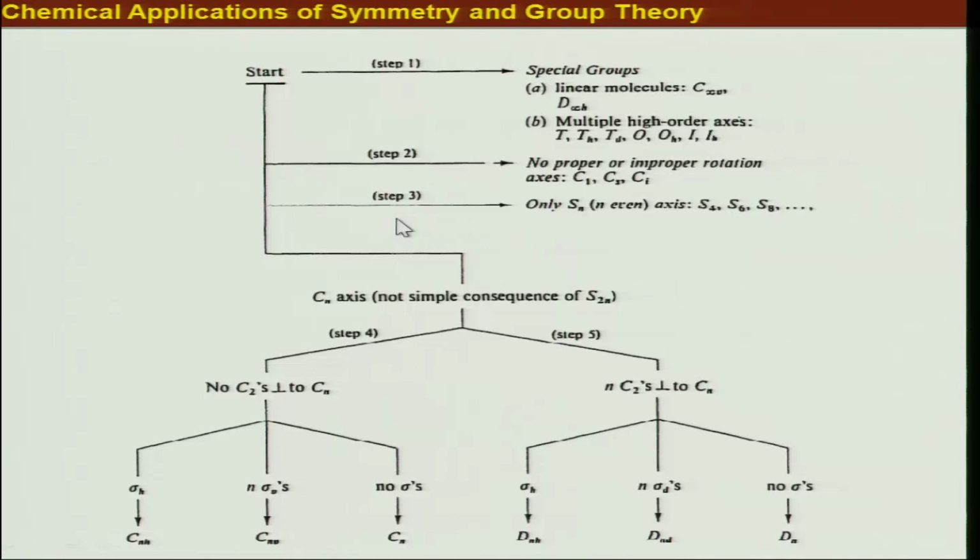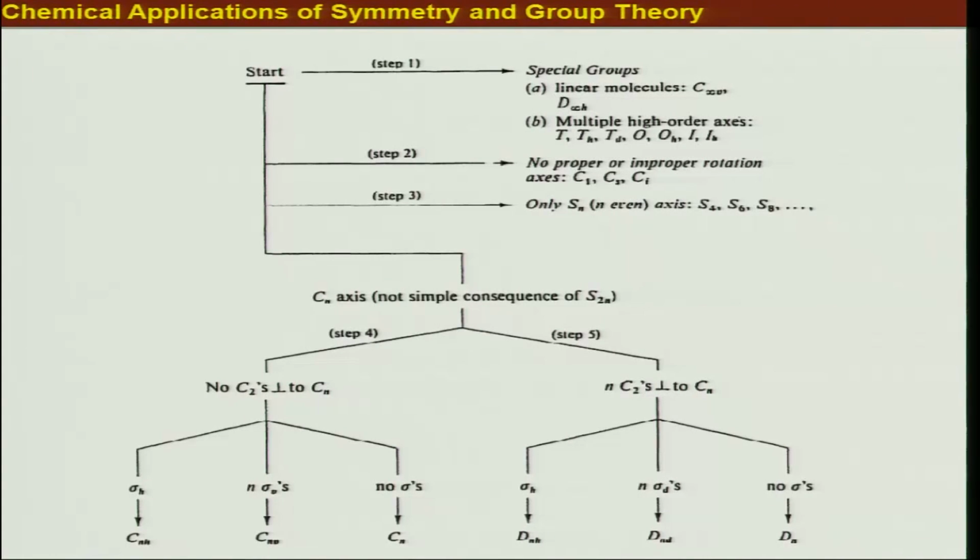For those structures which do not belong to the step 1, step 2, step 3 type of groups, you ask whether the molecule has a Cn axis, that is, does it have a proper axis of symmetry?